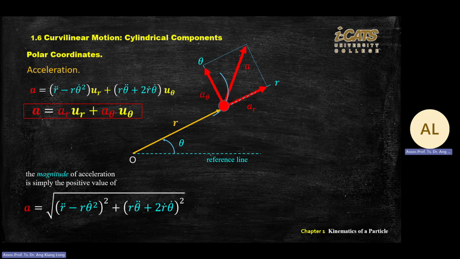Double dot means you double differentiate the theta equation. Usually this one will be 0 after you double differentiate. R and theta, this one also you differentiate one time. And then finding the magnitude is the same as the previous one: you square the x component, square the y component, and then square root.